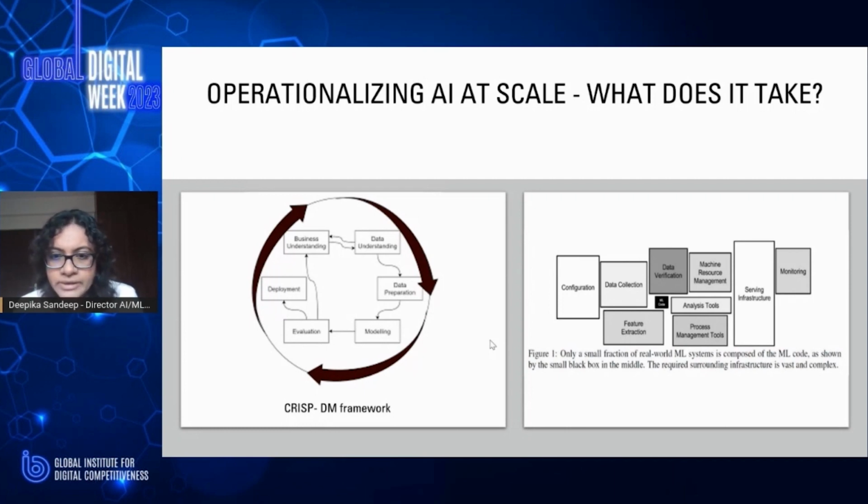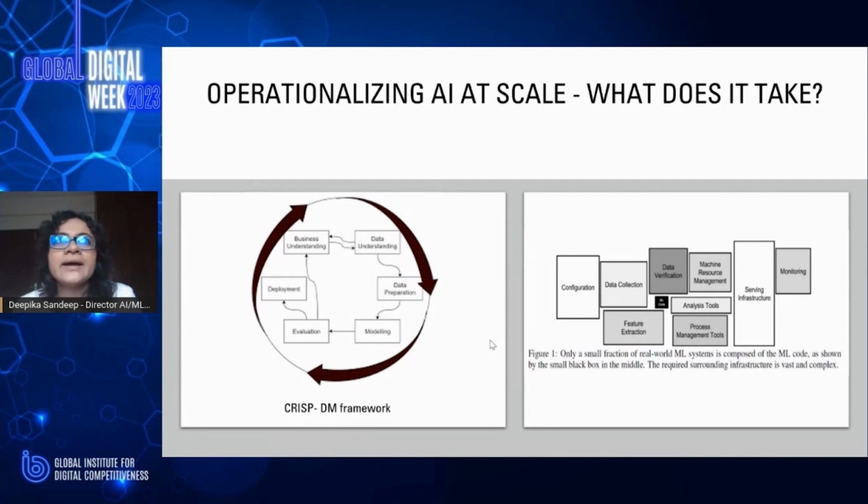If you look at all the other boxes, they say configuration, data collection. So, like I said, without data, there is no AI. Feature extraction, which is to do with extracting the relevant features for the analysis, data cleansing, etc. And we also need process management tools, more like the versioning tools, machine resource management, the infrastructure, the compute, like the cloud or the edge, in compute infrastructure, the data verification.